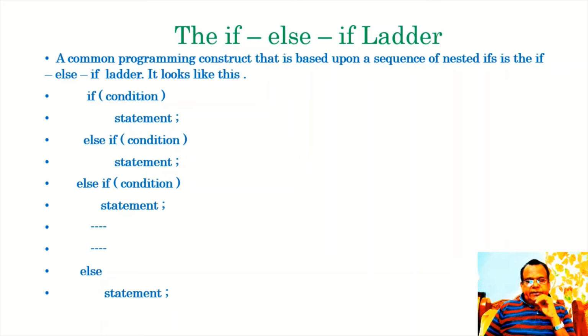Each time we have a statement followed by a semicolon. It's a very simple if else if ladder. We'll come to it when we discuss an example, and it will be very clear to you.